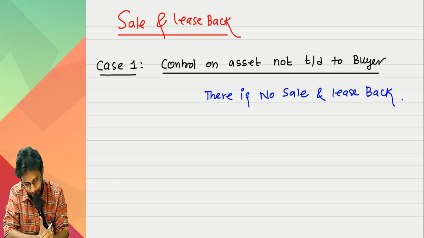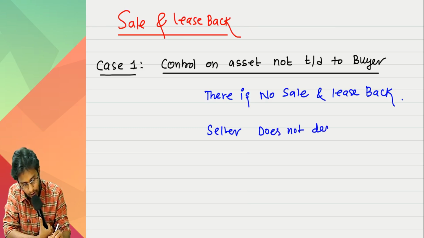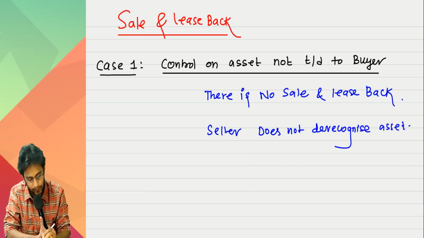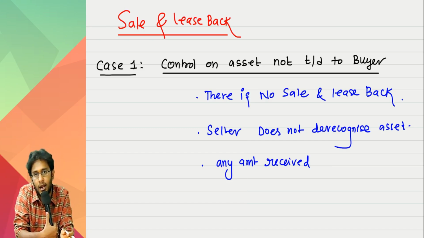So what will happen is, the seller does not de-recognize the asset. Legally, a sale happened, and since legally the sale happened, the other fellow would have paid you money.